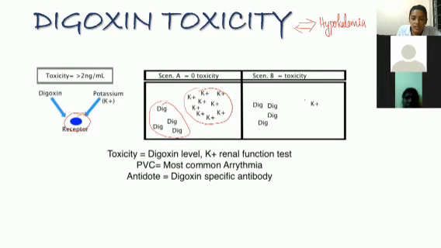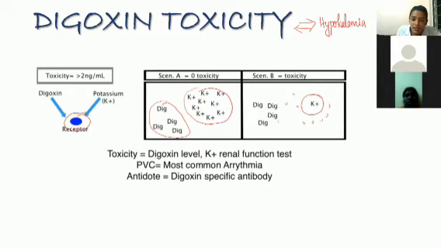In scene B, you can see there is hypokalemia. There is not enough potassium. Okay. So what will happen? Many receptors are free here. The potassium is not present in our body, or we are experiencing hypokalemia, so the potassium is not binding to the receptors.